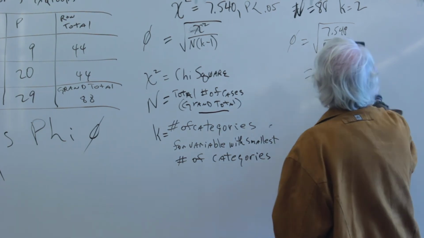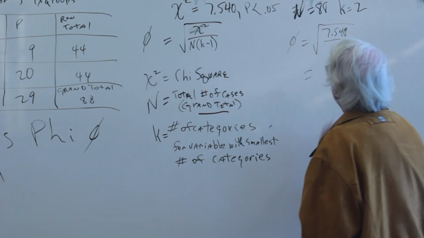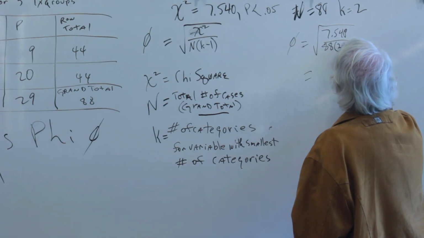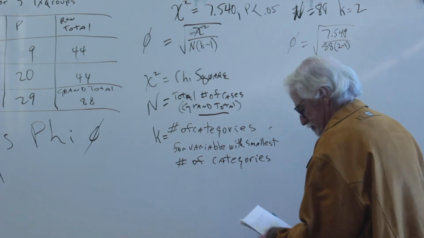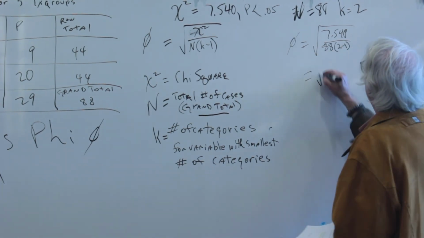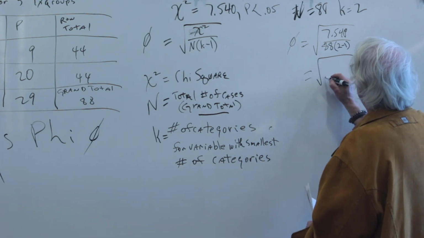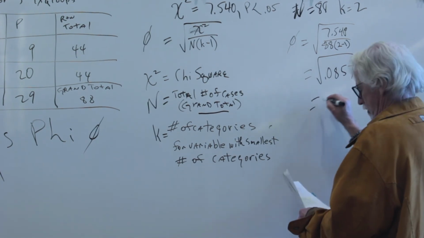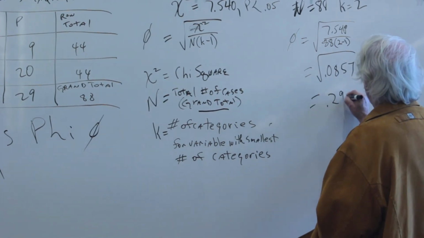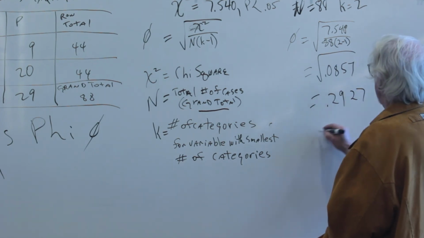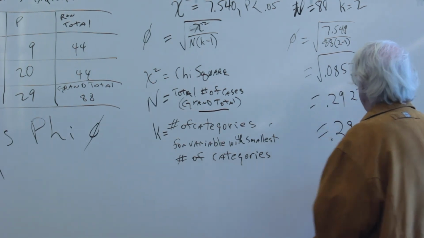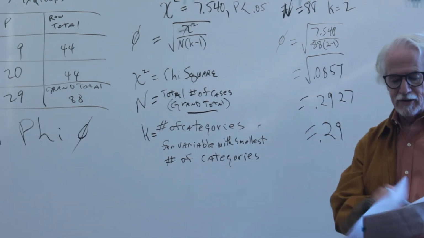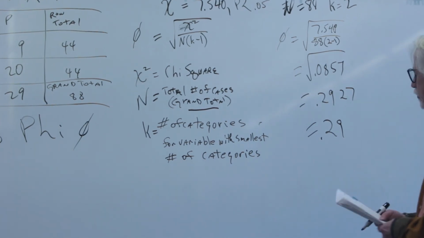So 88 times 2 minus 1, which is equal to the square root of 0.0857, which is equal to 0.292. So in our case, 0.29. So just like with Pearson's R, this is the value you get, and this shows the strength of our relationship.